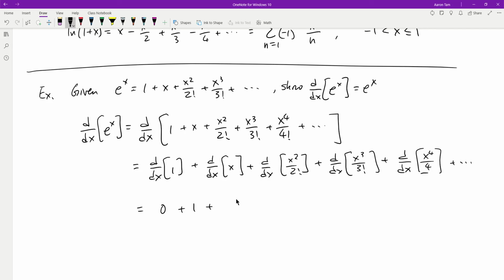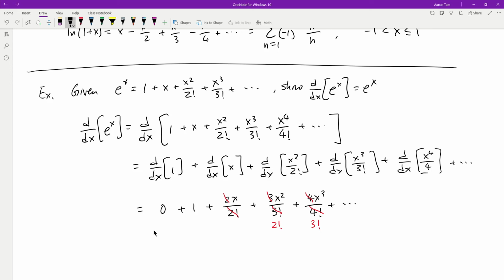Derivative of x squared over 2 factorial is 2x over 2 factorial, plus 3x squared over 3 factorial, plus 4x to the third over 4 factorial, plus ... Notice that the 0 goes away, the 2 and the 2 factorial cancel out, the 3 and the 3 factorial turn into 2 factorial, the 4 and the 4 factorial turn into 3 factorial, and so on and so forth.